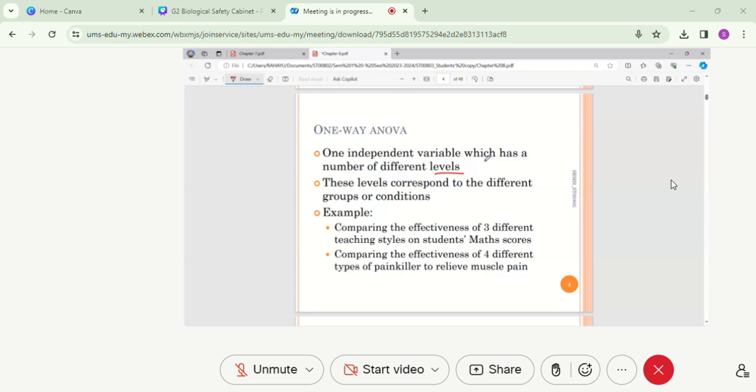The second example is if you want to compare the effectiveness of 4 different types of painkiller to relieve muscle pain. The variable that you measure, in this case, is the time in minutes that the painkiller can relieve you from the muscle pain.